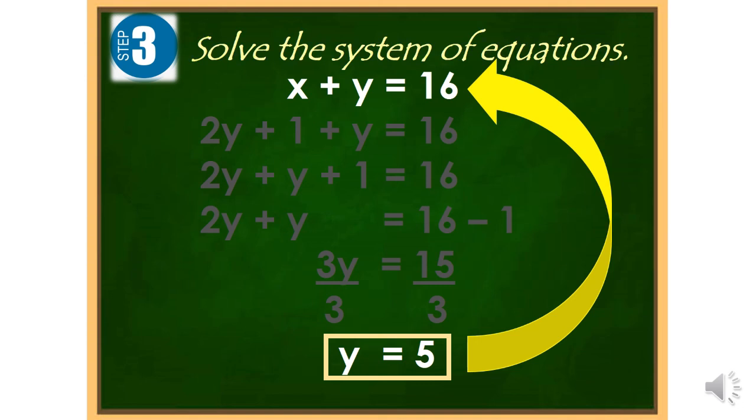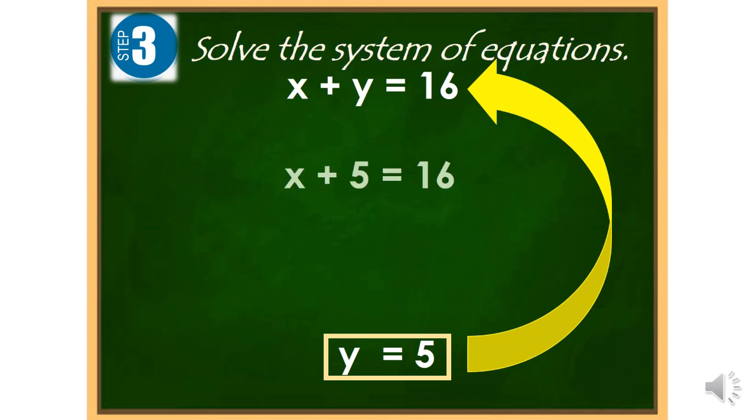In performing so, we now have x plus 5 equals 16. y is being replaced by 5. And after substituting y by 5, we will combine like terms.